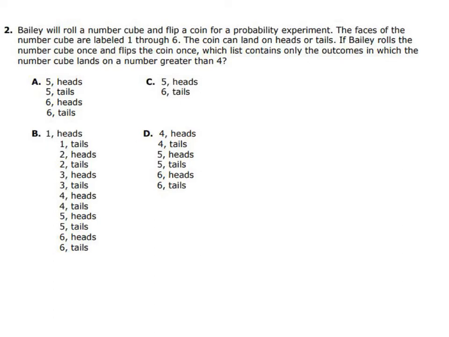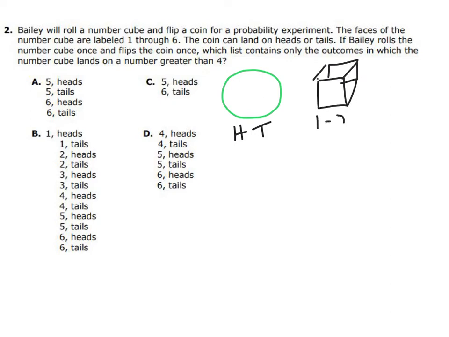So we know the number of outcomes for a coin is going to be 2, which is heads or tails. For the number cube, basically, that's going to be 1 through 6. Now it's asking for the number cube to be greater than 4.